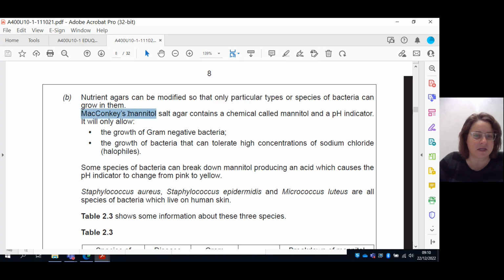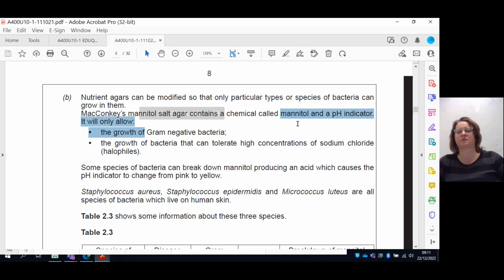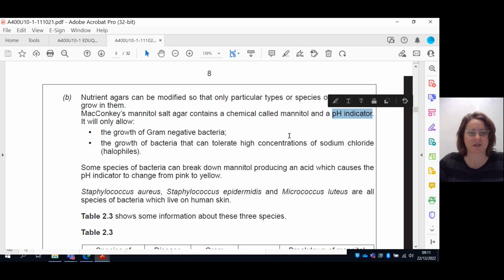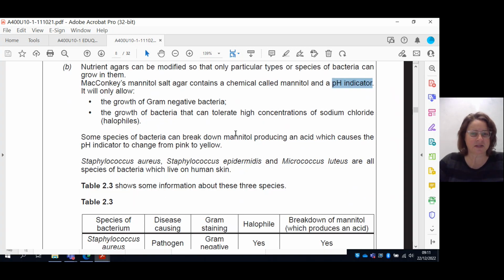Whoever it is, somebody has invented a salt containing agar, which contains a mannitol. Your thinking by now should click in: anything that's got ol at the end can potentially contain carbohydrates and is the source of nutrition for those bacteria, and a pH indicator. Okay, so you've got that already. So some color change will be identified from that.